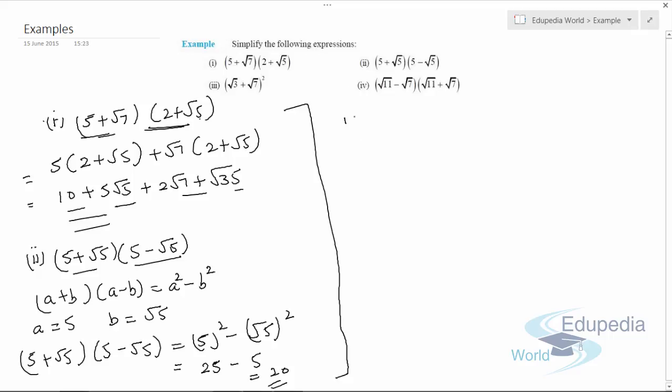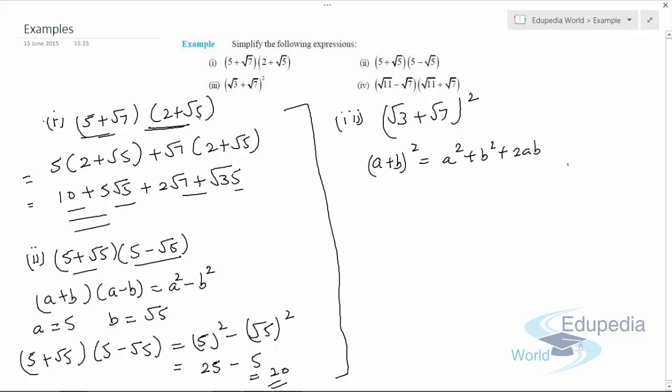Now the third question is, we have to find (√3 + √7) whole squared. So we can apply the identity (a + b)² = a² + b² + 2ab.